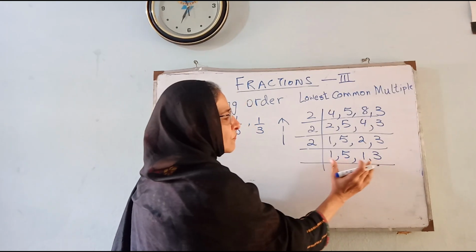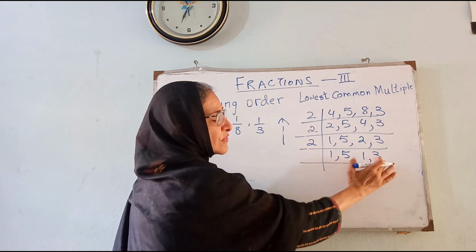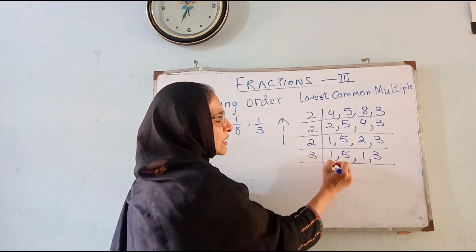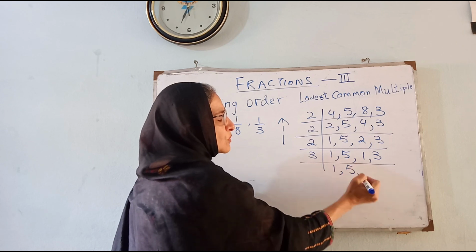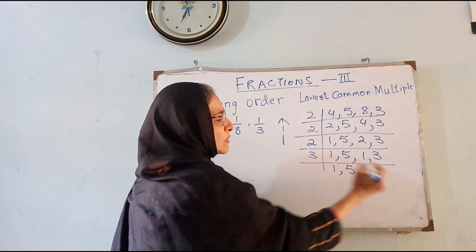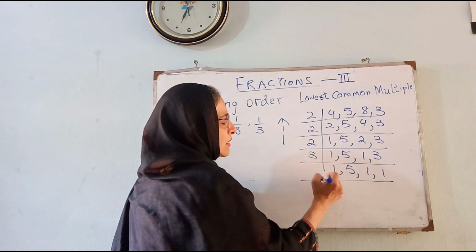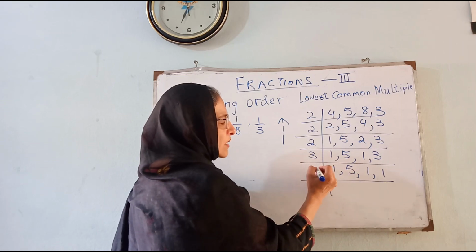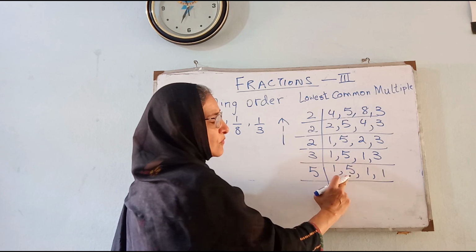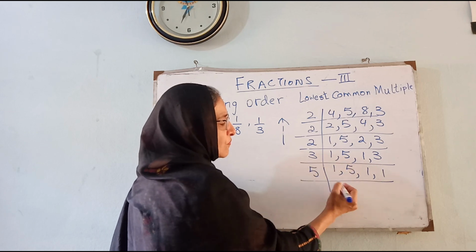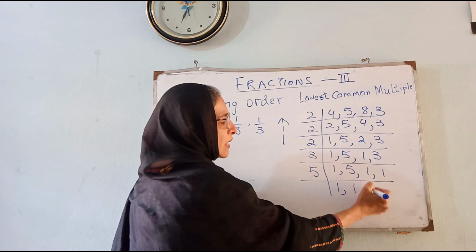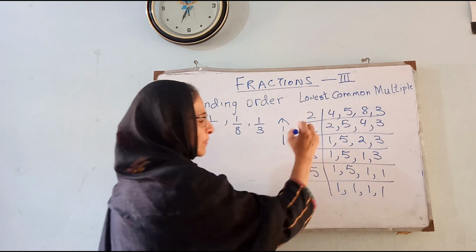Then ignoring the 1, we have 3 and 5. The lowest number is 3, so I will divide with 3. 5 comes as it is. 3 divided by 3, my answer will be 1. Next, the only number left is 5, ignoring the 1. So 1 comes as it is. 5 divided by 5, 1, and then 1 and 1.